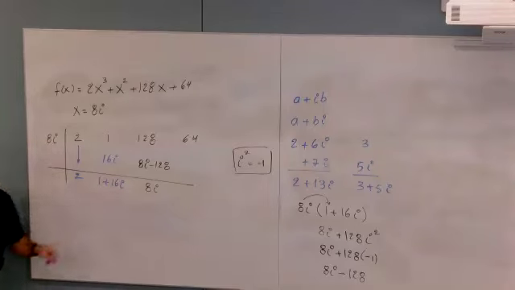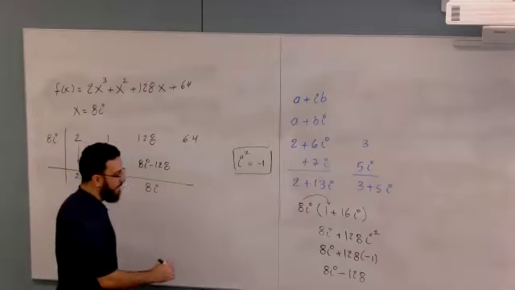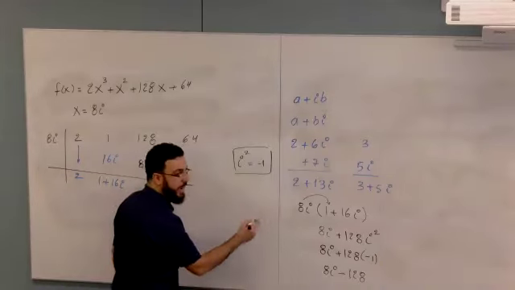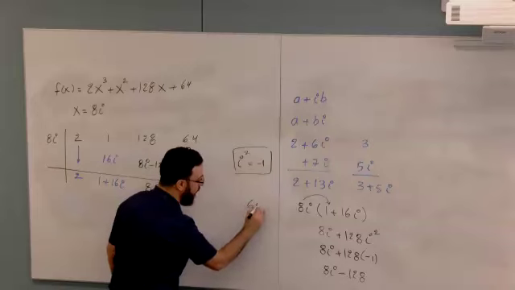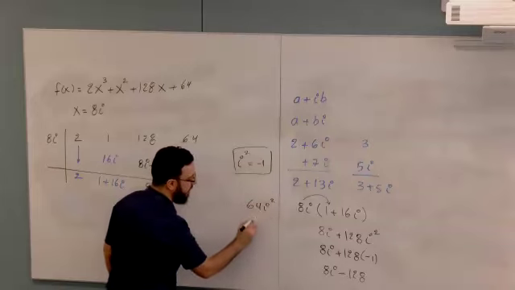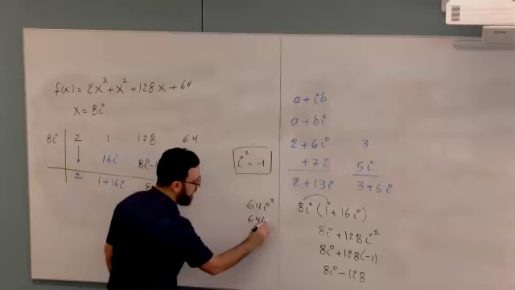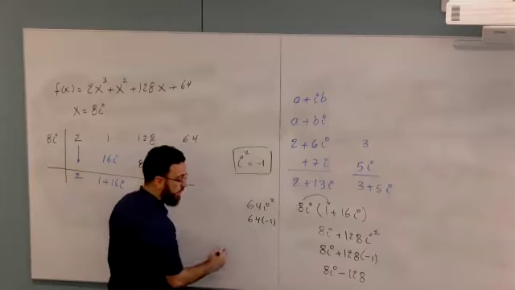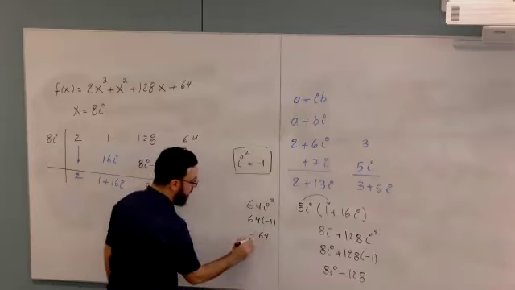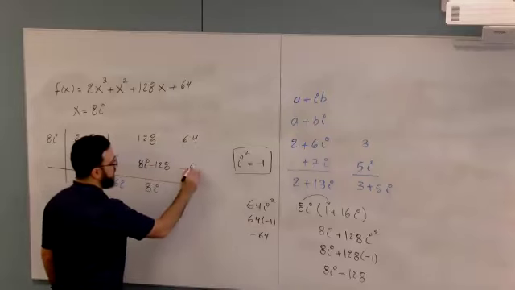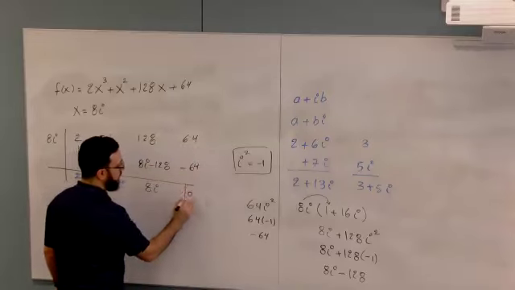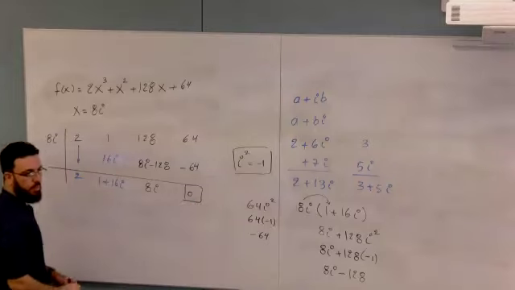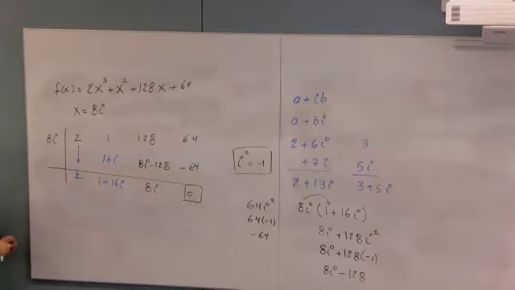8i times 8i. We're multiplying. So 64i squared, right? Which means 64 times negative 1. So it's going to be negative. I'm going to write down here negative 64. So add it, how much is it going to be? So what does that mean?